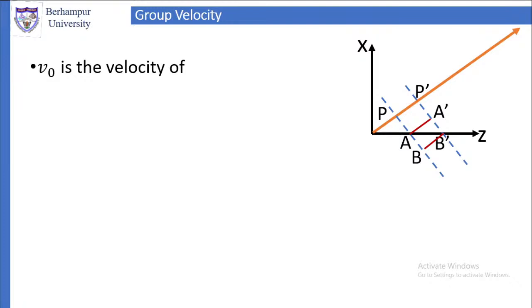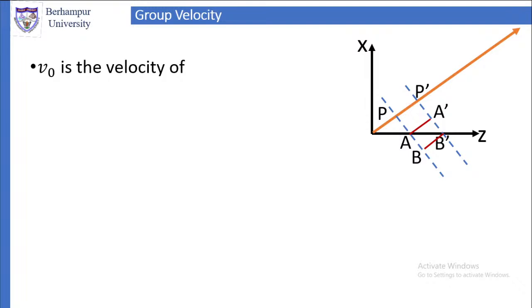For the group velocity, we start with V0, which is the intrinsic velocity. And what is V0? V0 is the velocity of all the points on the phase front or on the plane.